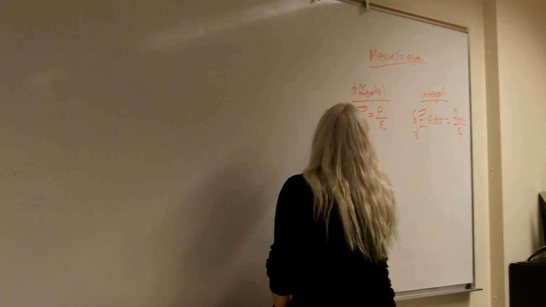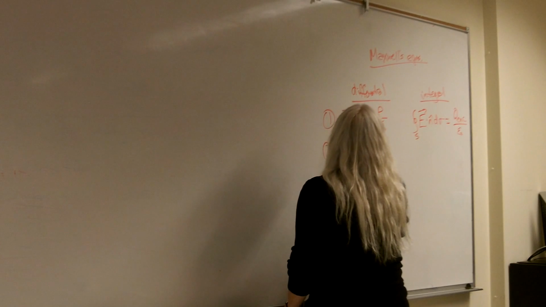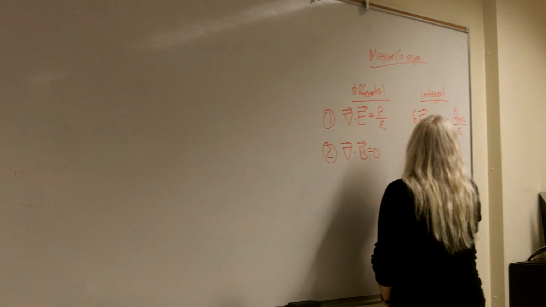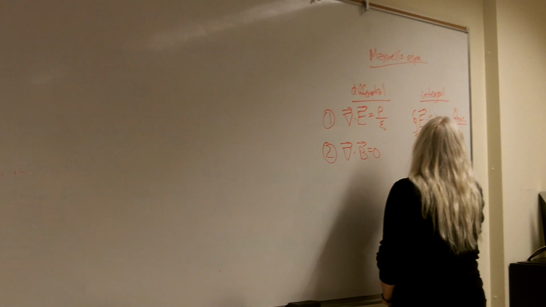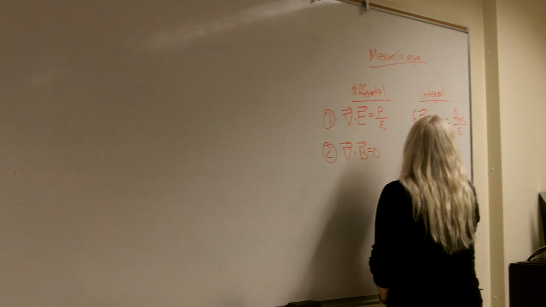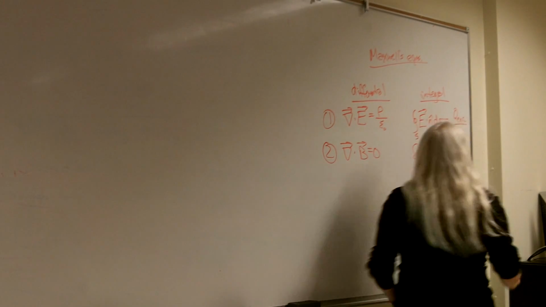Okay, the second one of Maxwell's equations, the differential form tells us the divergence of B is 0, and the integral form tells us the integral of B dot n hat d sigma over any closed surface S is 0.